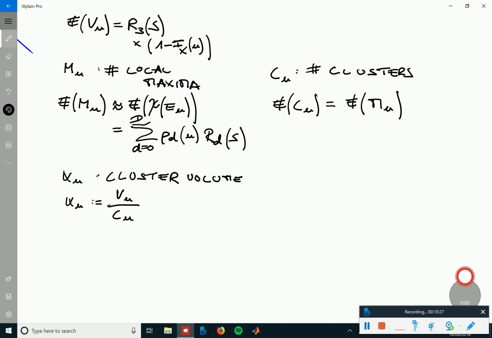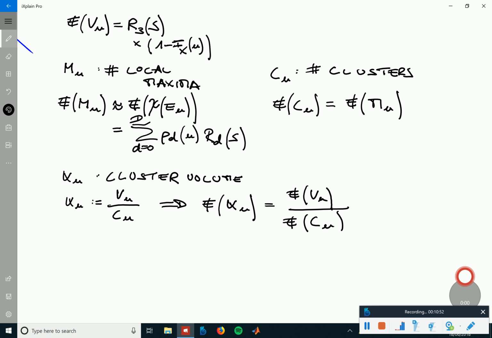But especially if you assume that these two random variables VU and CU are independent, this directly allows us to evaluate the expected cluster volume as the ratio of the expected volume of the excursion set divided by the expected number of clusters.